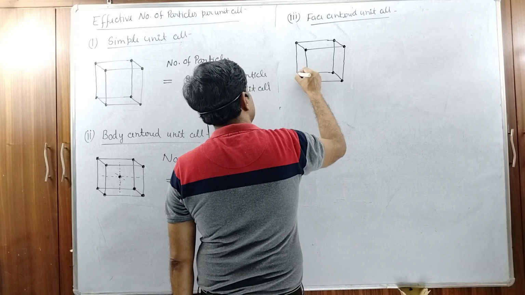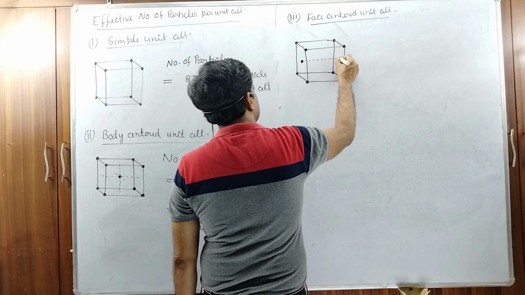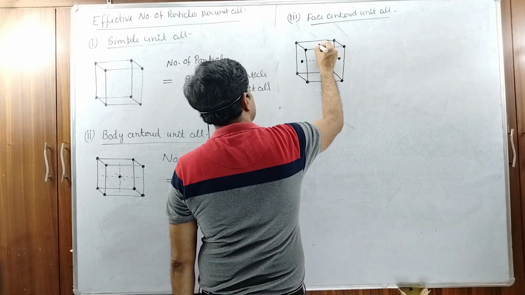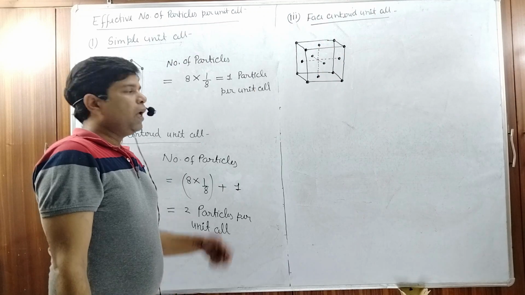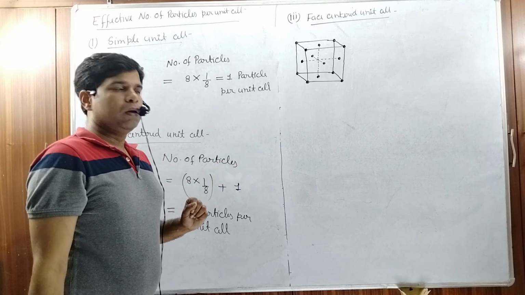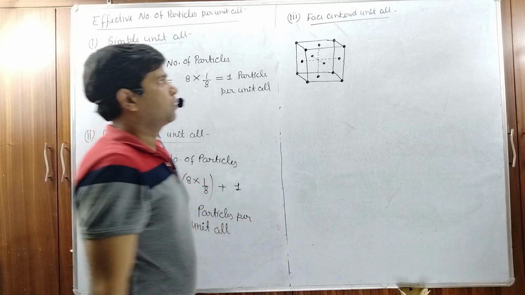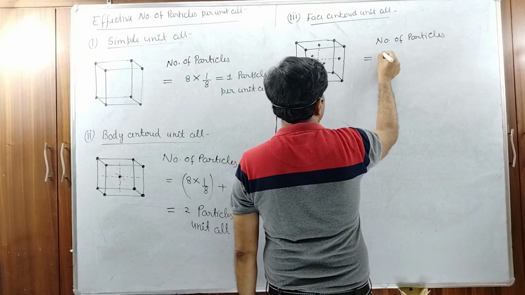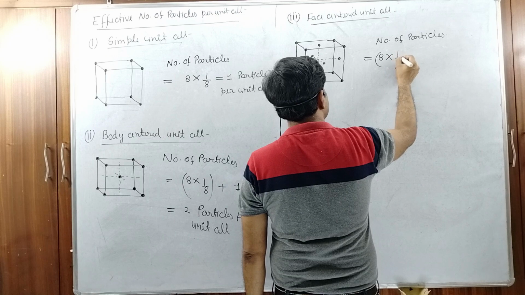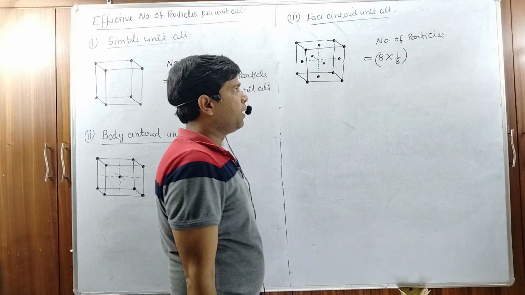And we know every particle at the corner contributes 1 by 8, and every particle at the face center contributes half. 8 corners, each corner has 1 particle, and the contribution of each particle at the corner is 1 by 8.